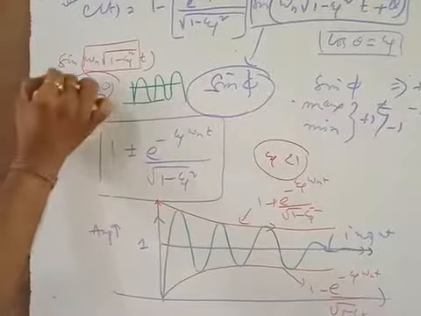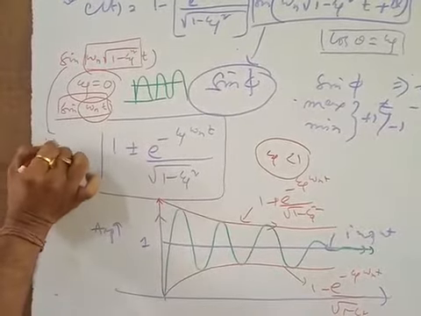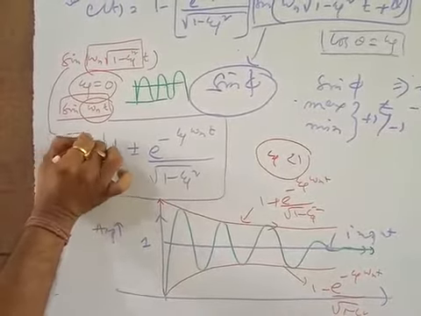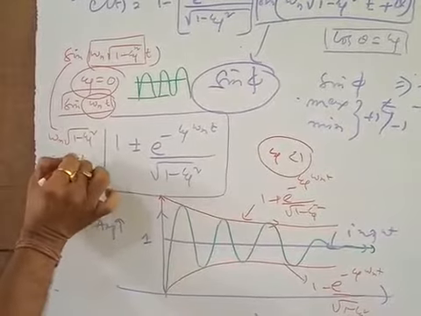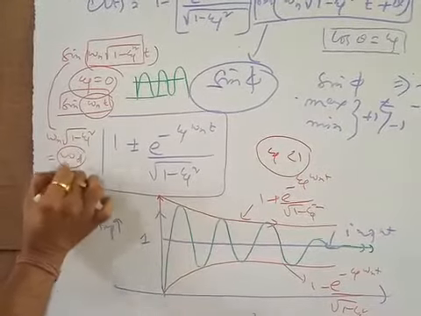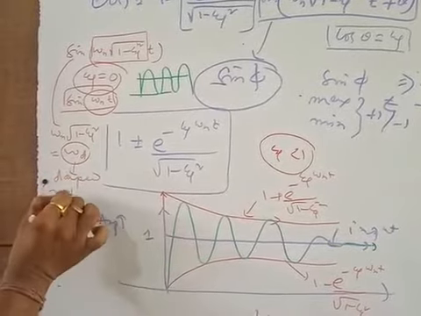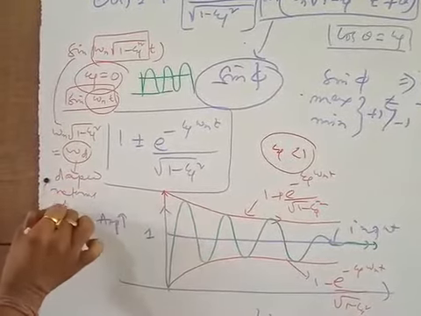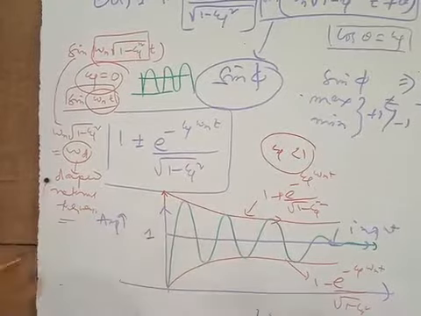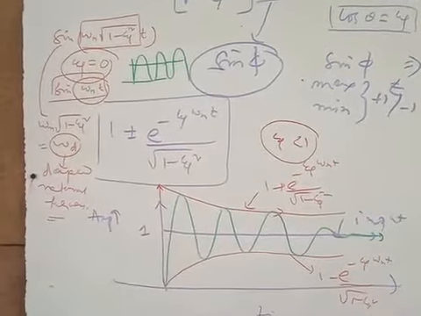This omega n into root over 1 minus xi square is then known as the damped natural frequency, omega d. That means this is not the natural frequency, but damping is attached with it.